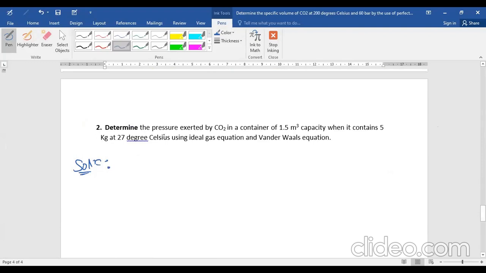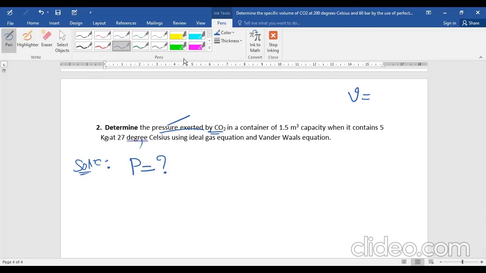So determine the pressure exerted by carbon dioxide. What he has asked here is pressure, not specific volume. In the previous numerical, he asked for specific volume V. In a container, what is the gas? The gas is the same. The gas is carbon dioxide.